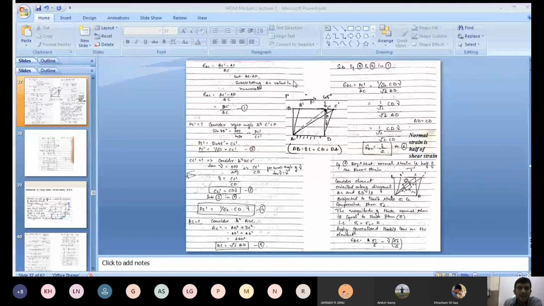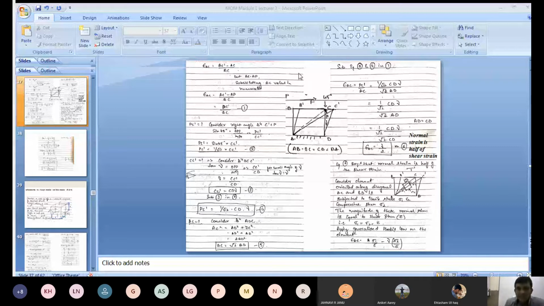Now how do you determine PC'? By considering the right angle triangle C'CP. The included angle is 45 degrees. If you consider C'CP, that right angle triangle, the angle at C is 45 degrees, so this is the opposite side, this is the adjacent side, and this is the hypotenuse, right?